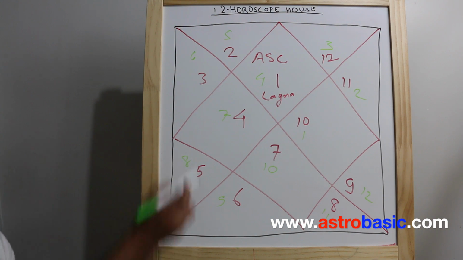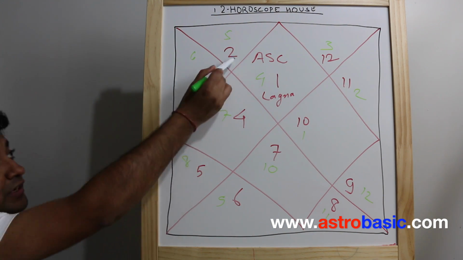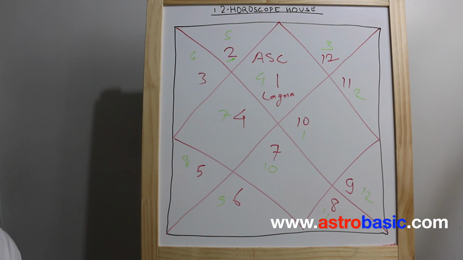And then the second house basically represents the accumulated wealth, or the family, or the speech, the food which we like. So all those things can be seen from the second house.